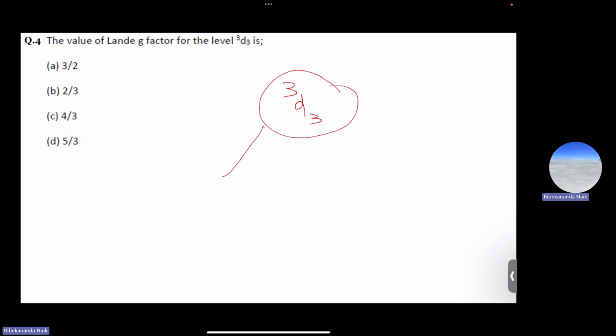If you compare it to the spectroscopic notation, it is 2S plus 1 L J. So 2S plus 1 is 3, L is D, J is 3. The options are A 3 by 2, B 2 by 3, C 4 by 3, and D 5 by 3. These are the 4 options.